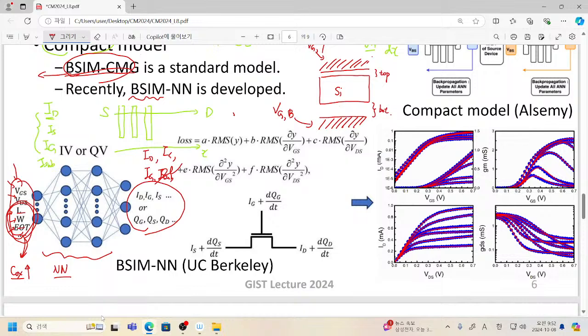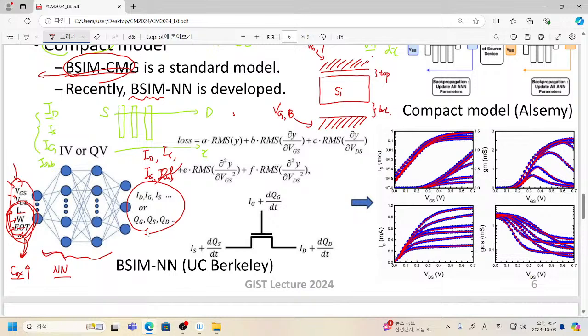The agreement looks amazing. It is because this model has been well trained to reproduce these blue dots. So yes, that is expected. So maybe we can use it for our own purpose, designing something. But the point is, is it really faster than BSIM CMG?